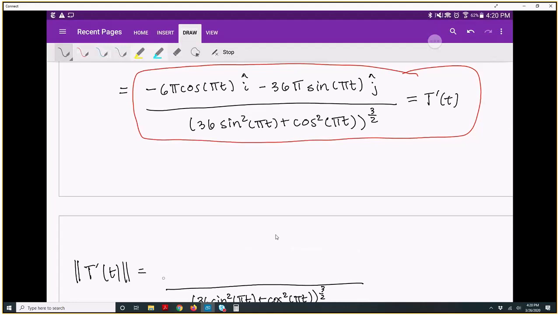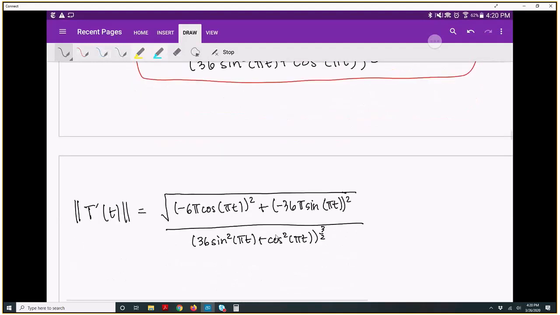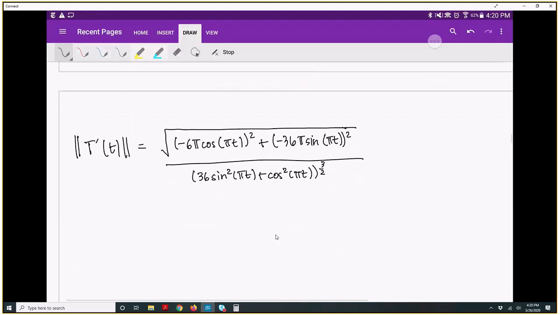And for the magnitude, I'm going to do minus 6 pi cosine of pi t, everything squared, plus minus 36 pi sine of pi t, everything squared. That's my magnitude of T prime.